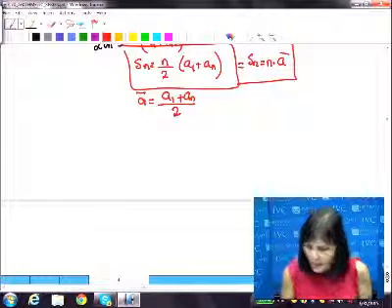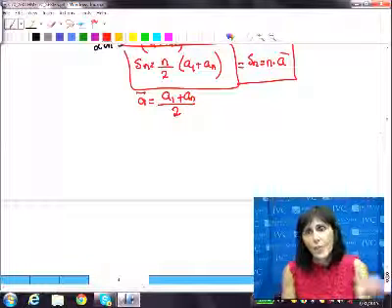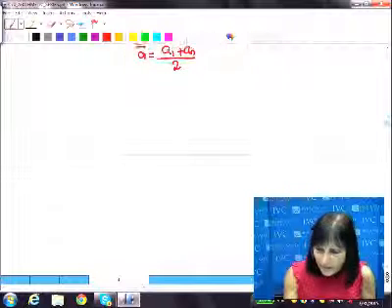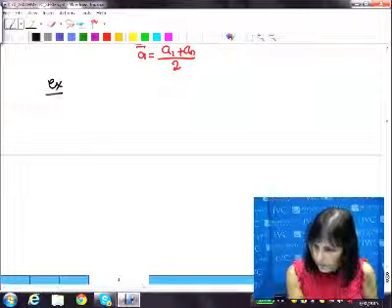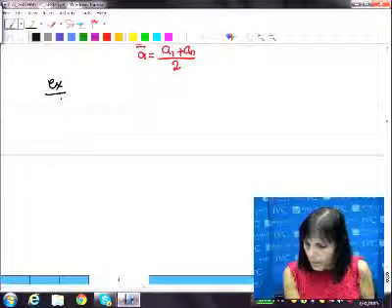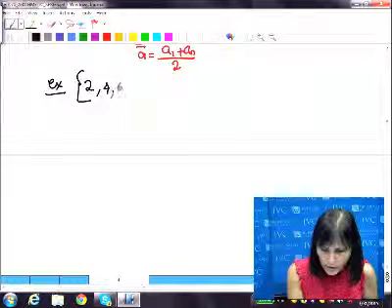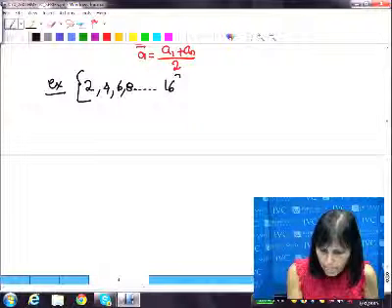Okay, let's do the mean of the sequences for an arithmetic and non-arithmetic sequence. For example, let's say I'm looking for the mean of 2, 4, 6, 8, all the way to 16.